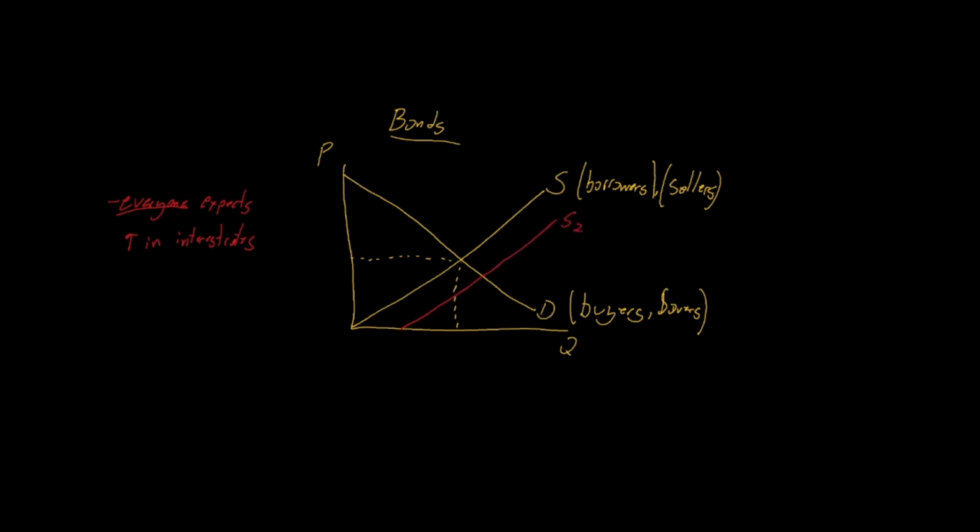And the reason for this is because if borrowers or sellers of bonds know that in the future interest rates are going to be higher, meaning the cost of borrowing money is going to be higher in the future, today they are going to issue more bonds to take advantage of the interest rates they know today are going to be lower than the ones in the future that are going to be higher.